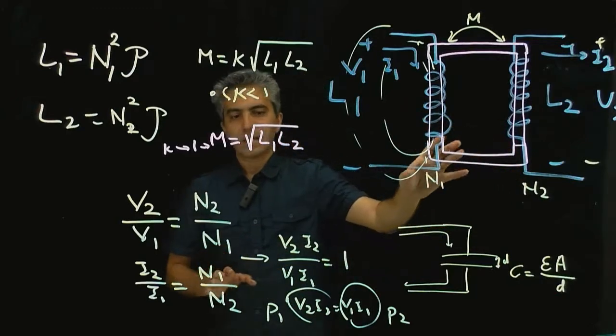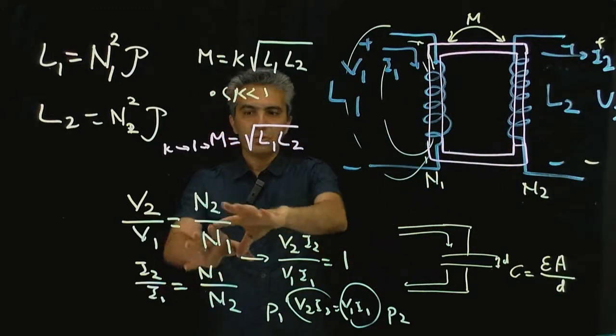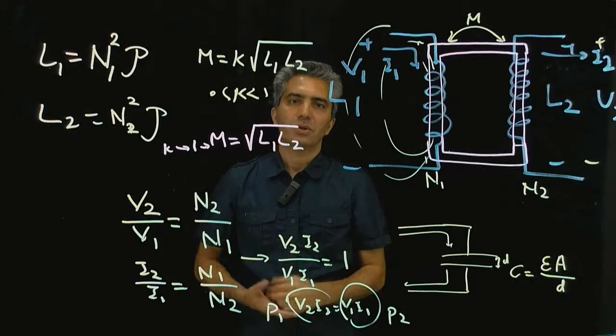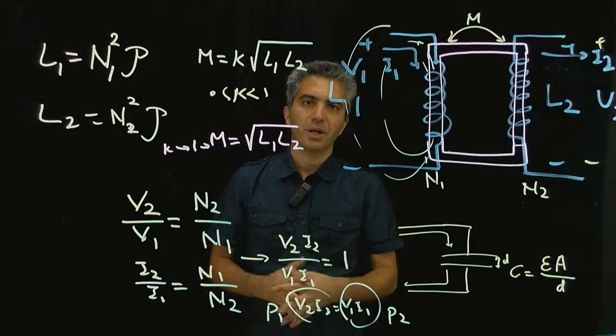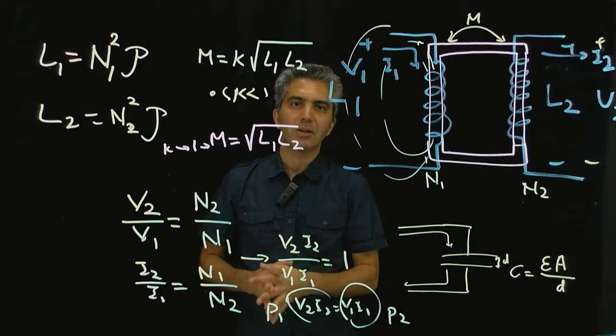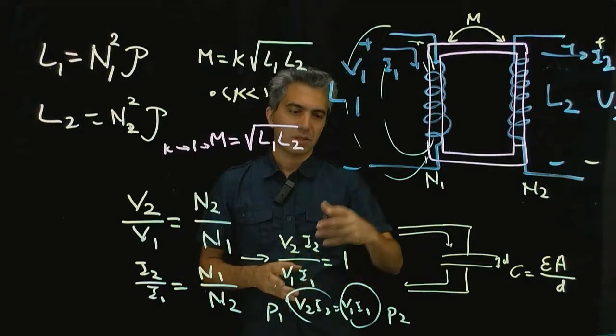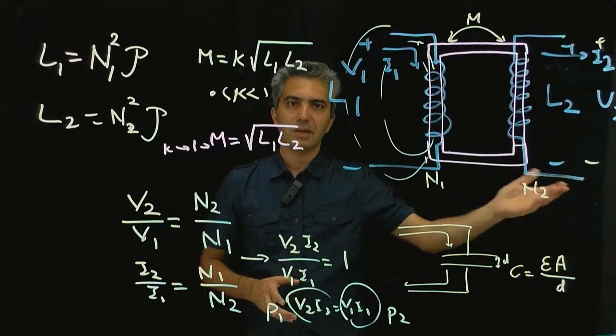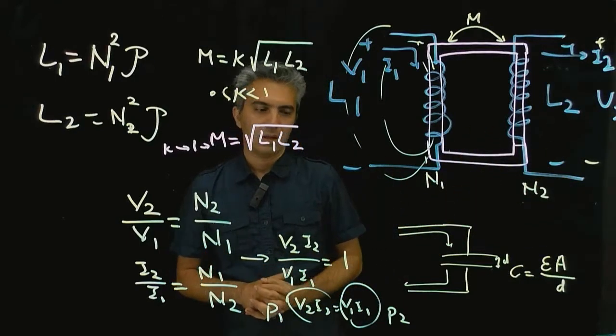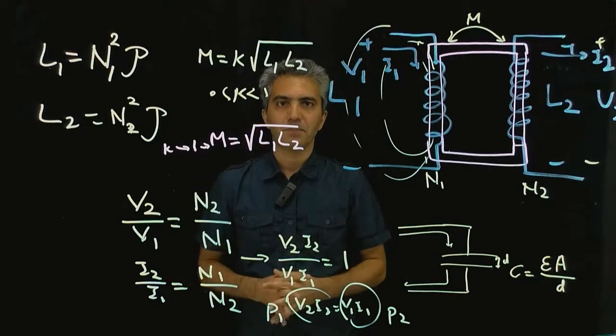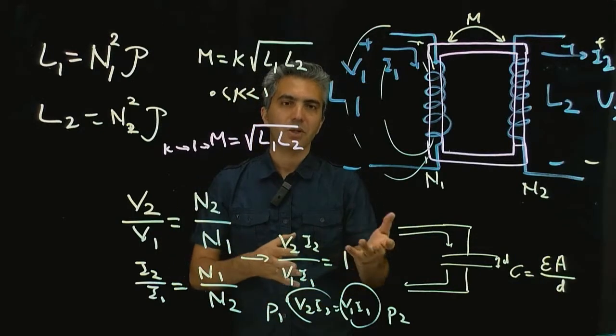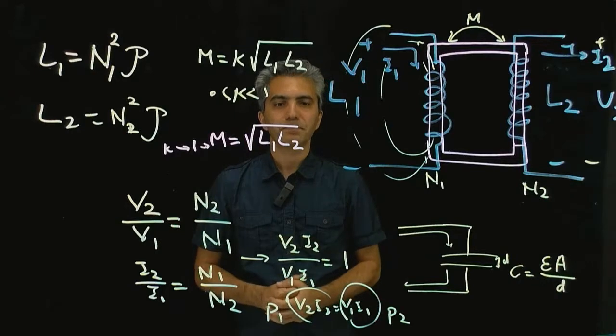I'll leave that at that, and we're going to go back and use these equations once we know about alternating voltages and currents and how to deal with them, which is what the next lectures are going to go into from this point on.